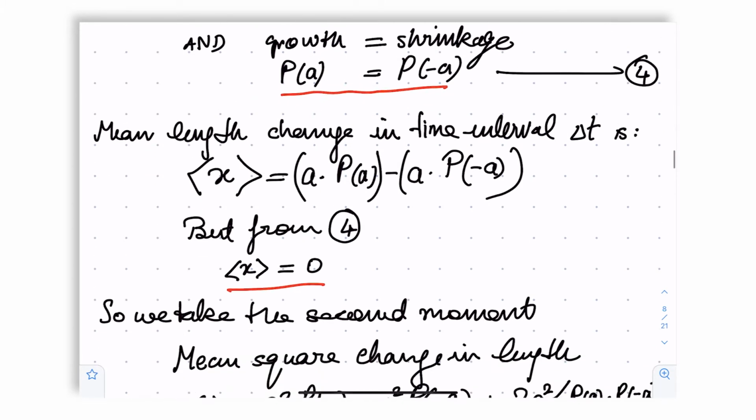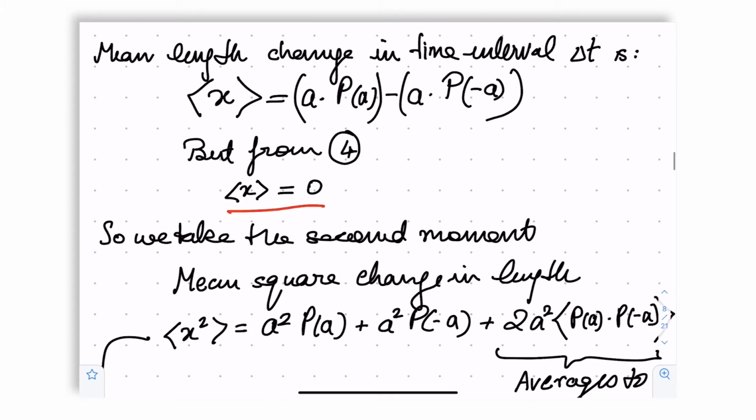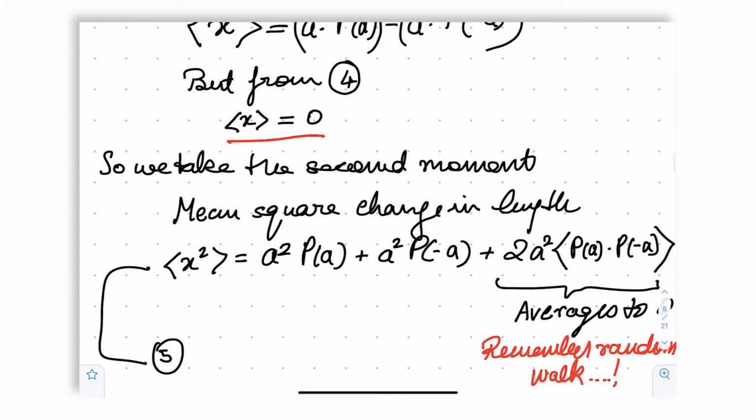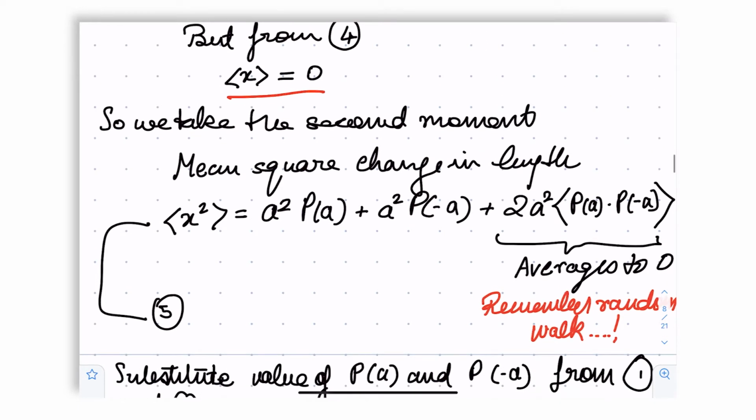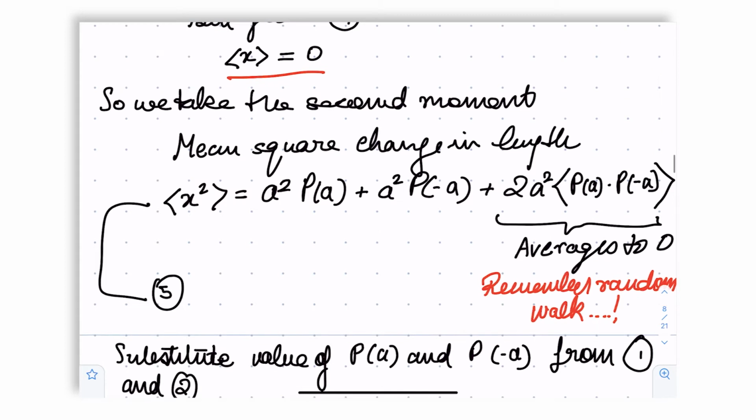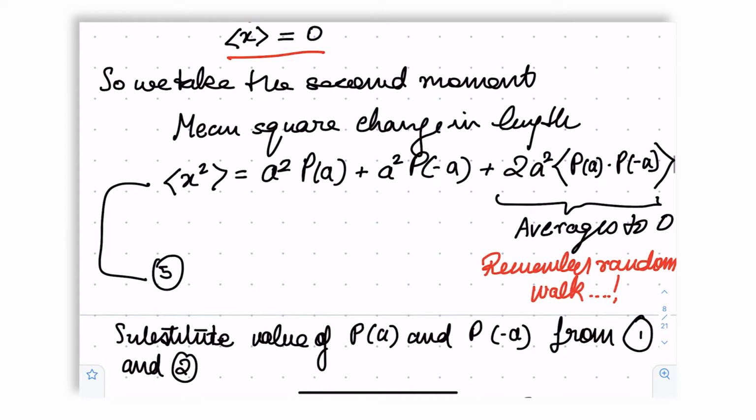So what do we do? We can take the second moment, we can take the square effectively. And so the mean square change in length becomes a square P of a plus a square P of minus a minus 2a square times the average of P of a times P of minus a. And if you remember how we went about inferring the average value of a product of random walk steps going in plus and minus directions, then this product also simply averages to zero. And so we can deal with only these two terms, a square P of a and a square P of minus a.